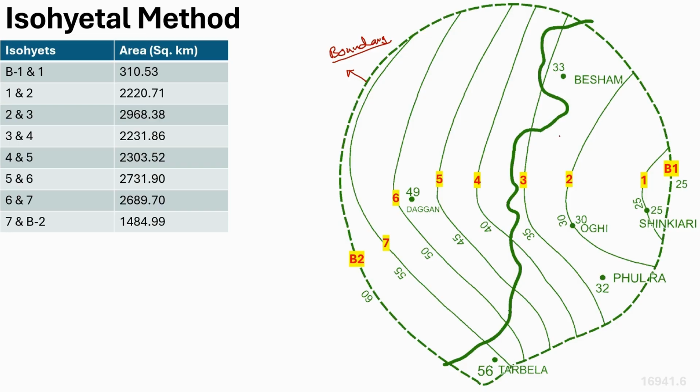This is isohyet number one with 25 centimeter precipitation. This is second isohyet with 30 centimeter. This is third with 35 centimeter precipitation. Fourth with 40. Fifth with 45. Sixth with 50. Seventh with 50. And this is second boundary having a precipitation of 60 centimeter. And this is boundary one with 25 centimeter precipitation.